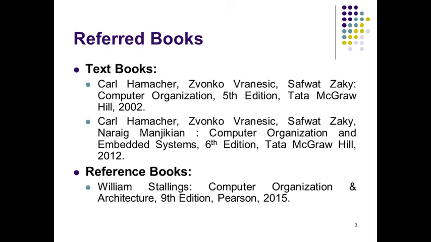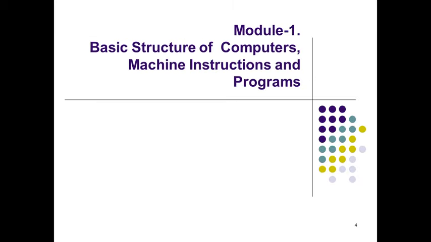These are the prescribed textbooks. Either we have to refer to the fifth one or the sixth one. Both will cover the entire syllabus. And one reference book is there, that is Computer Organization and Architecture by William Stallings. So this is the information about textbooks and the reference.